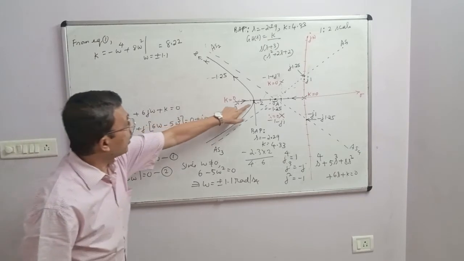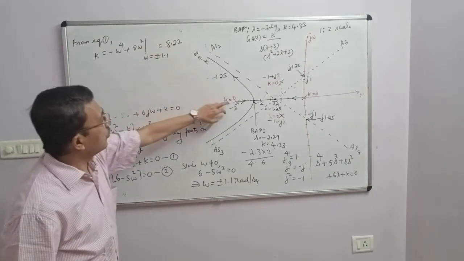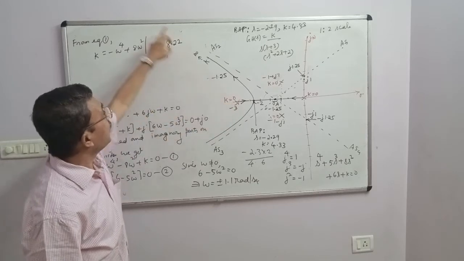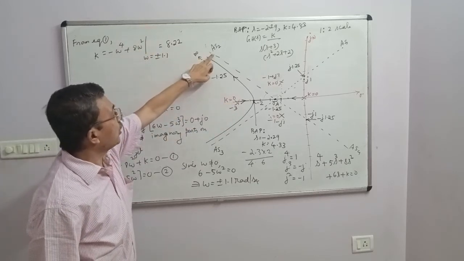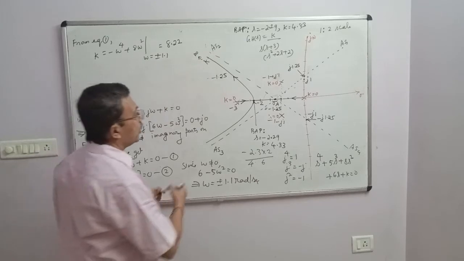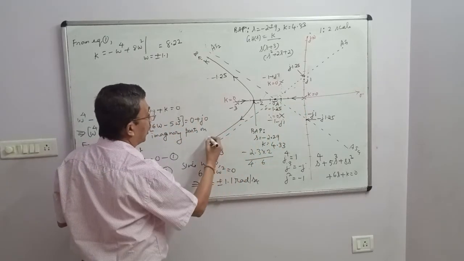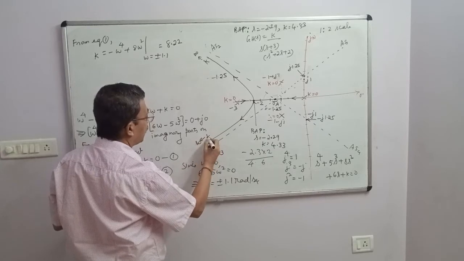K is increasing in the direction of the arrow. So this is the branch starting at minus 3 and going to infinity parallel to asymptote 2. Then this pole takes asymptote 3 and goes towards k tending to infinity.